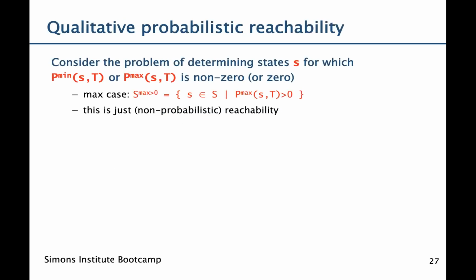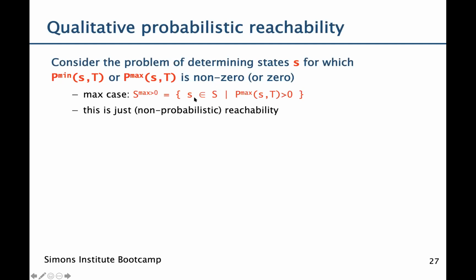So here, we want either the minimum probability from state S of reaching the target T is greater than 0, or the maximum probability when starting from state S that we reach the target T is greater than 0.